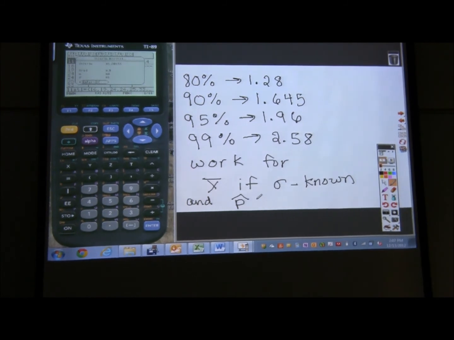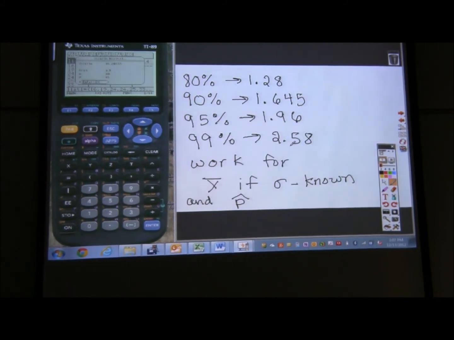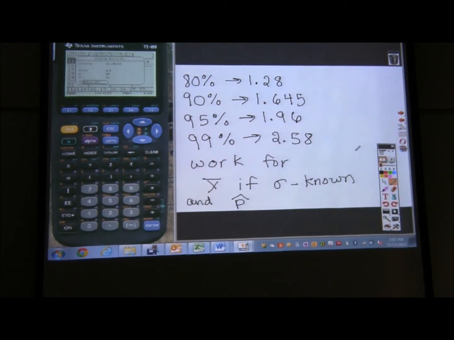It always works for proportions. These are the same numbers you used on your worksheet yesterday. When we did 99% and we had that sample size of 100, you used 2.58. It's the same number. The critical values are the same for both the means when sigma is known and proportions.